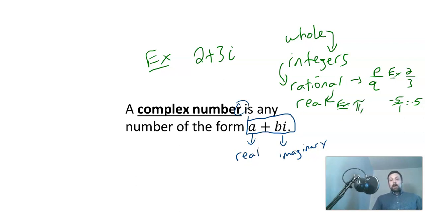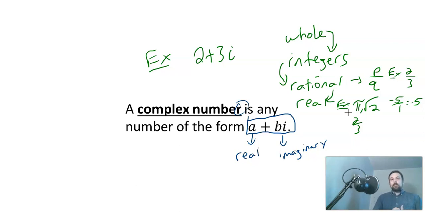Numbers like pi and square root of 2 are examples of real numbers. But this also includes numbers like 2/3, right? The real numbers can include those numbers too. So the rational numbers are part of the set of real numbers, and that's generally what we think of as our numbers. When I say think of a number, it's normally going to be a real number that you think of.